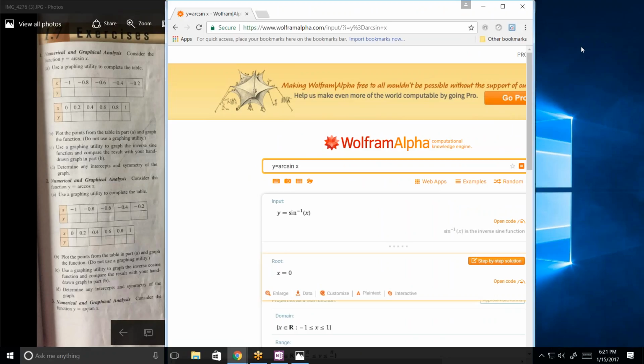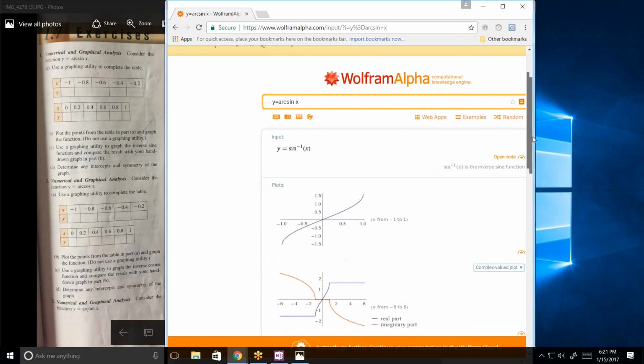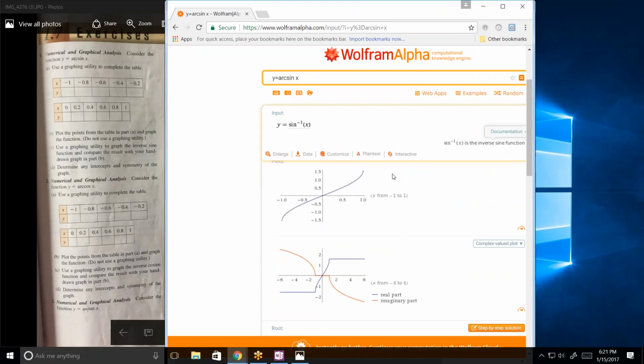Notice that they drew it just like I was talking about. That point on the y-axis is minus pi over 2. Notice that minus 1.5 and change is minus pi over 2. This point on the y-axis is pi over 2.